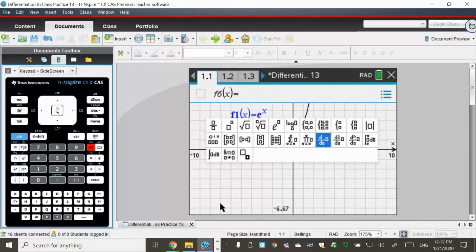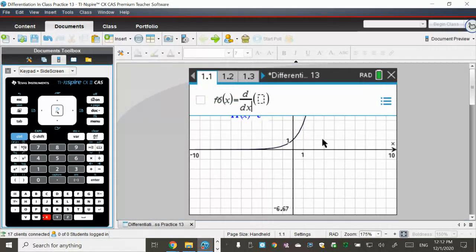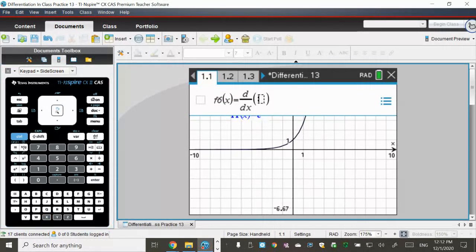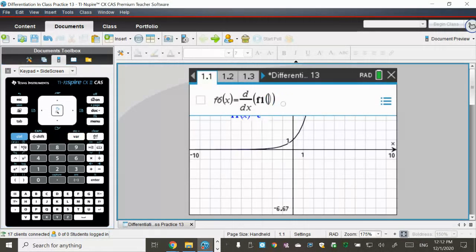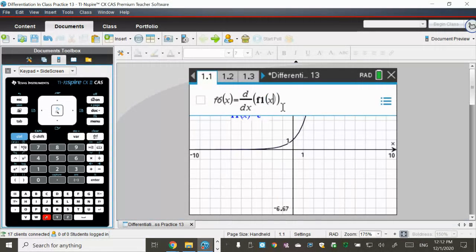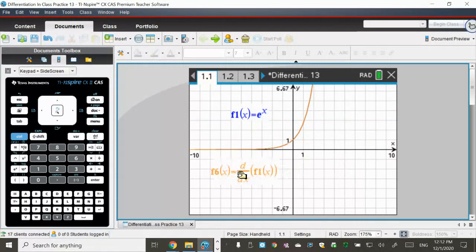and I'm going to hit where this highlighted d over d box times box. So that's the derivative with respect to x. And I want to do it on the function that I had. So I'm going to hit variable, and I'm going to hit F1 because that's the function I had of x. And when I hit enter and I graph it, I'm like, oh, I just graphed the derivative, and look, it mapped right on top of that.